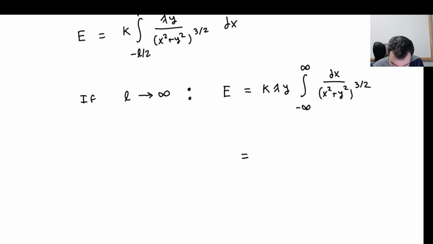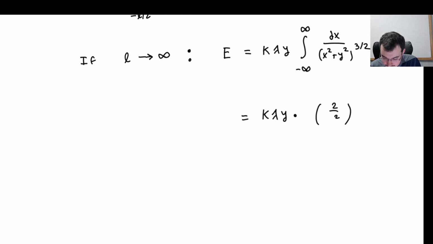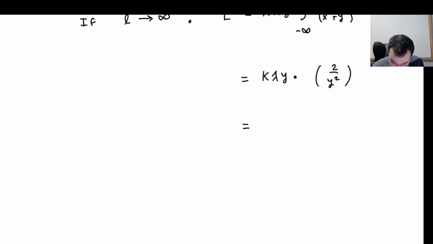So E is going to be k times lambda times y times 2 divided by a squared, where a is actually y in this case. So we get 2k lambda divided by y as our field from a long infinite rod of charge.